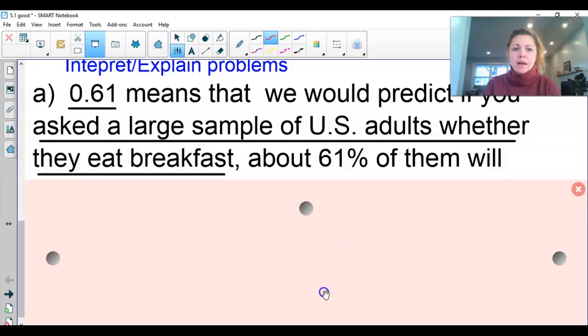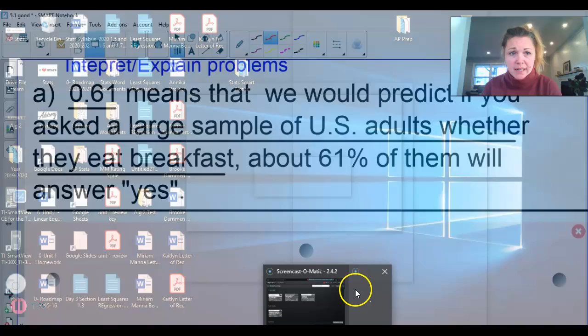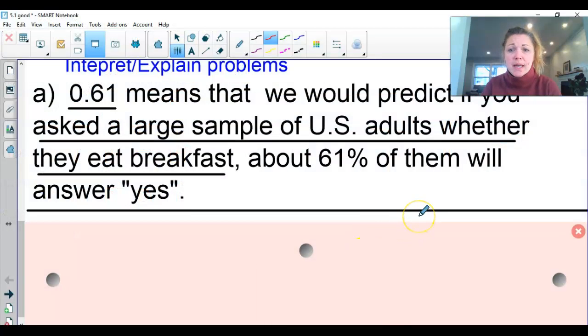What that means there, we would say 0.61 means that we would predict if you asked a large sample of US adults whether they eat breakfast, about 61% of them will answer yes. So what did I do? I took that 0.61 and changed it to a percentage because oftentimes we think about probabilities as percentages. When we first find or calculate them, obviously, they are between 0 and 1.